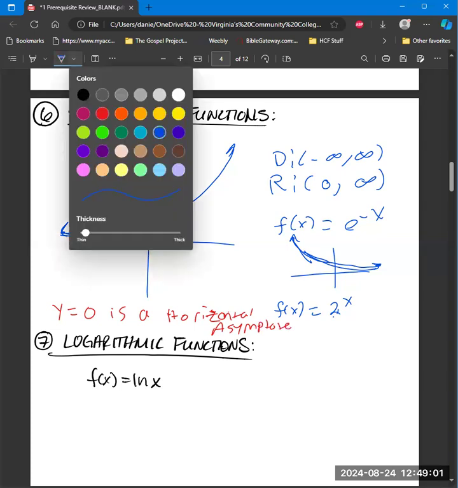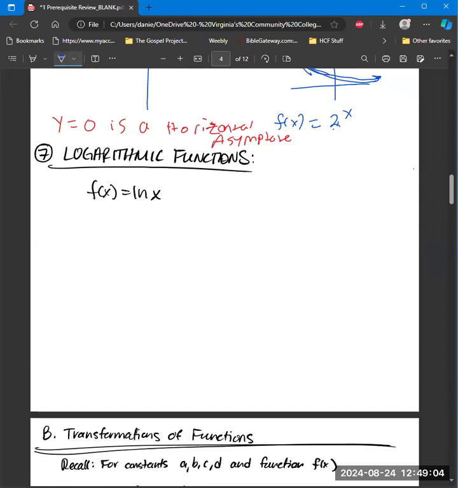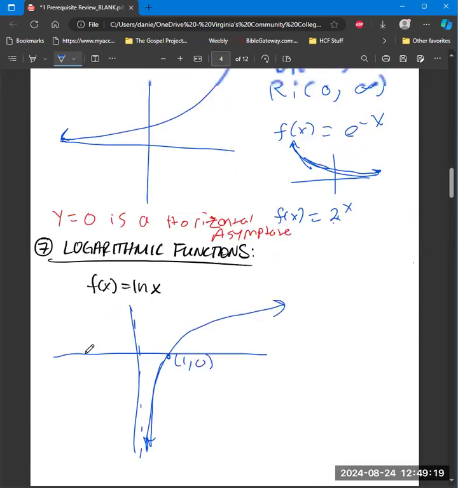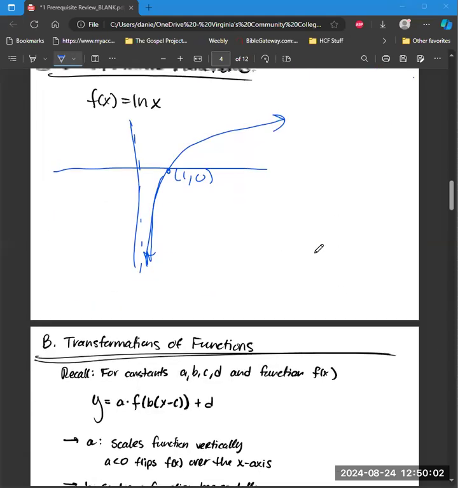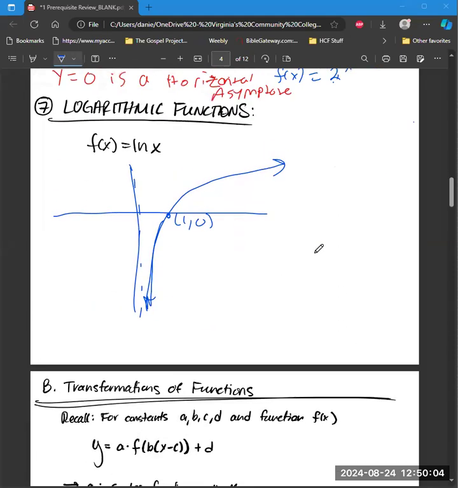Right? One more function here before we get on to transformations of functions, and that is the logarithmic function. It has a characteristic point right here at 1, 0. This one had a characteristic point at 0, 1. My domain here is going to be 0, not included, to infinity.